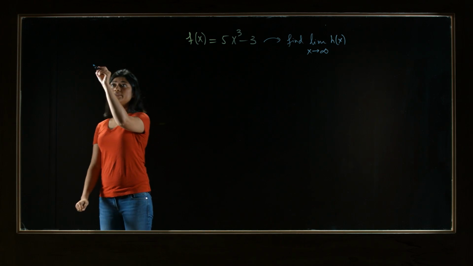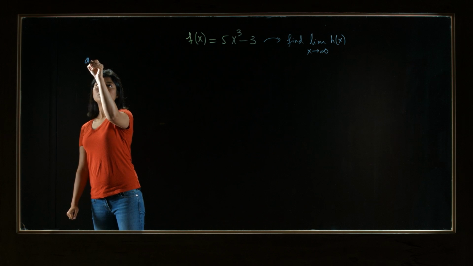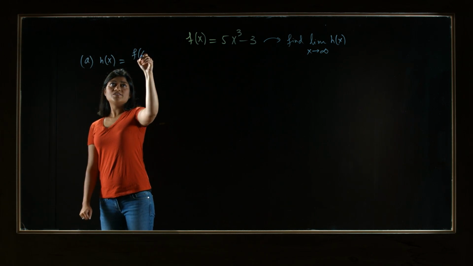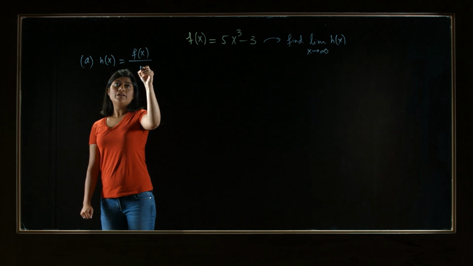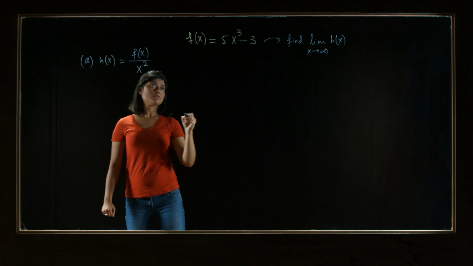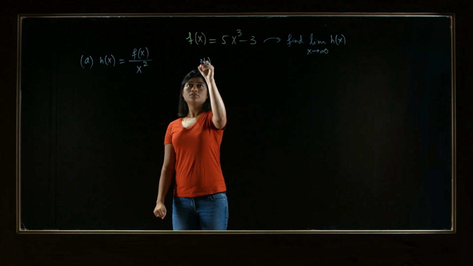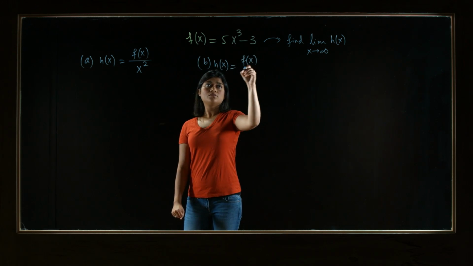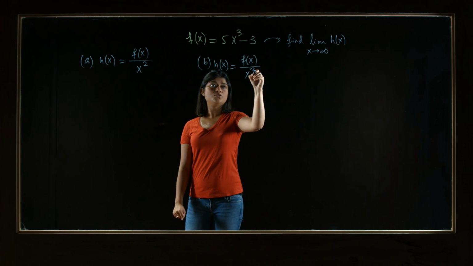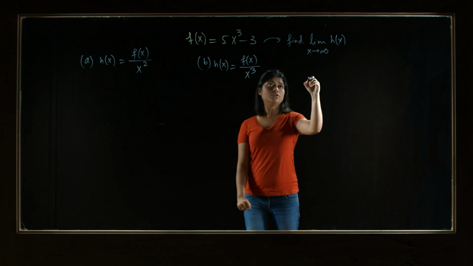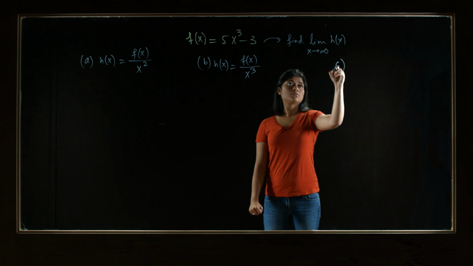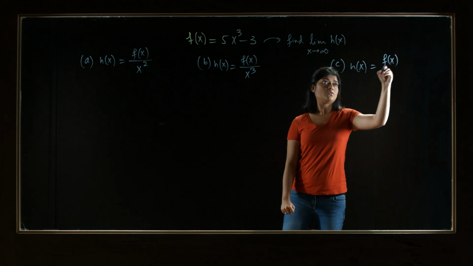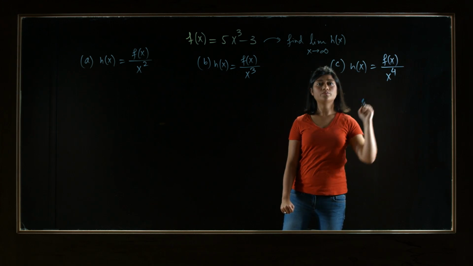The first one: h of x is f of x over x squared. Second, h of x is f of x over x cubed. And the third, h of x is f of x over x to the 4.